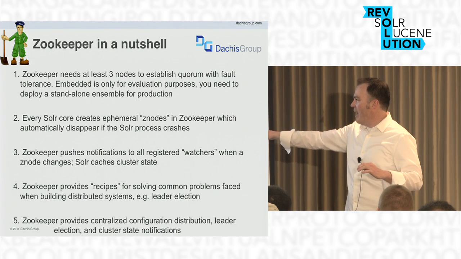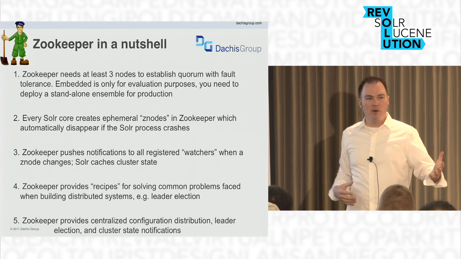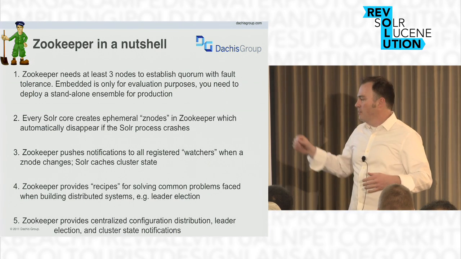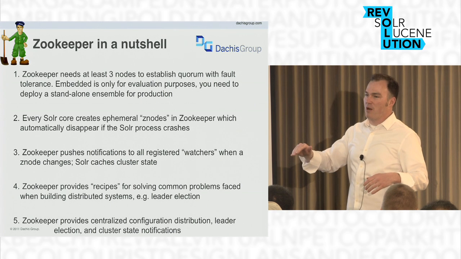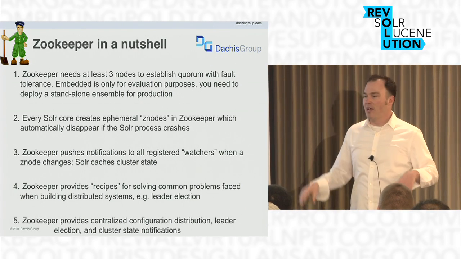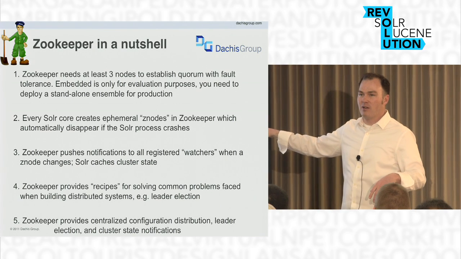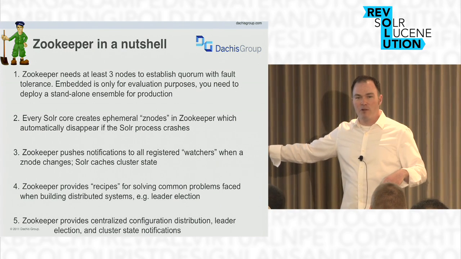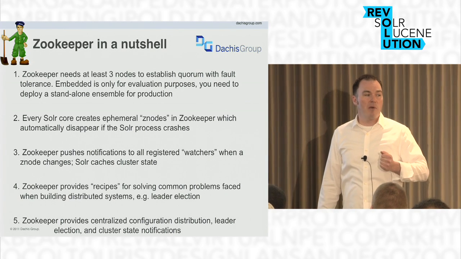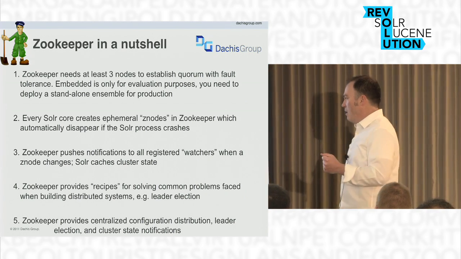What it does is it has recipes for things that come up when you're building a distributed system, like leader election, right? Zookeeper says, we've seen this problem so many times, this is how you do it. It's this recipe. And Solr Cloud builds on that, right? Rather than going out and reinventing the wheel, they said, we're going to use this because it's tried and true and it's been used in massive, massive clusters.